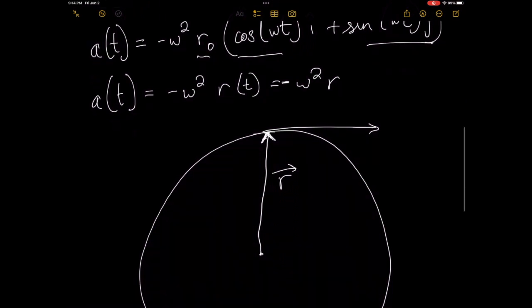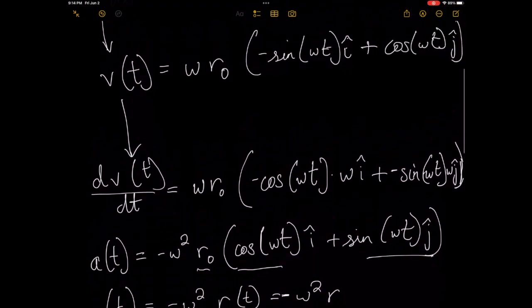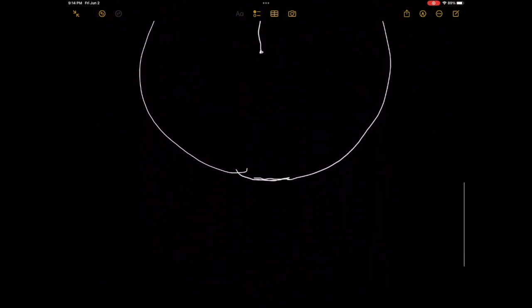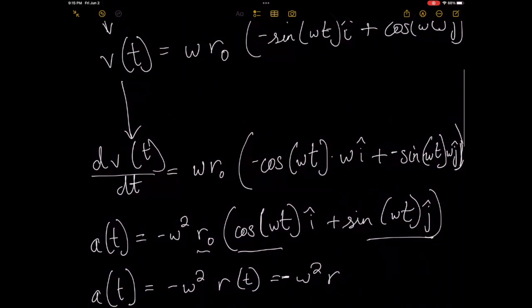As you know, if these vectors are perpendicular to each other, their dot product should equal 0. So, let me do r dot v.